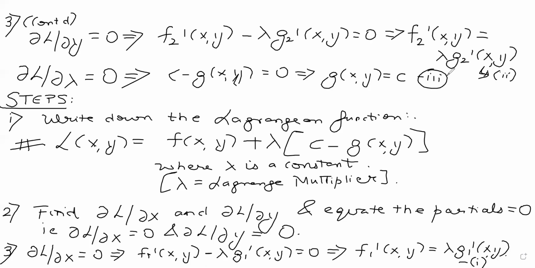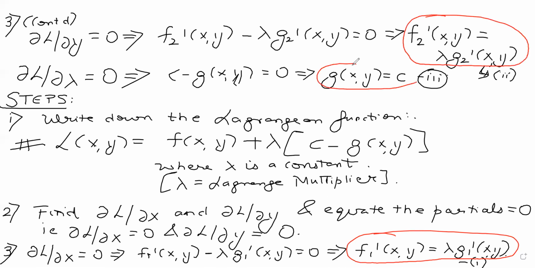So basically, we get three equations when we partially differentiate the Lagrangian with respect to x, y, and lambda. First equation is f1 dash xy equals lambda times g1 dash xy. Second equation is f2 dash xy equals lambda times g2 dash xy. Third equation is g of xy equal to c.